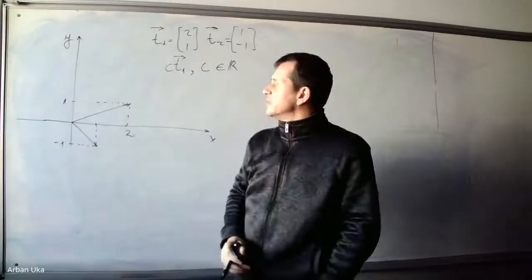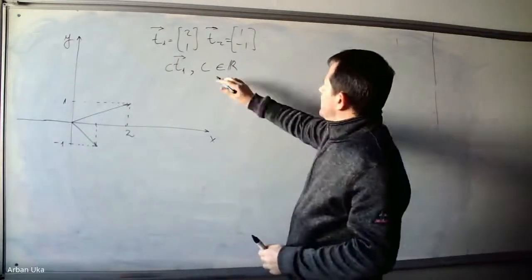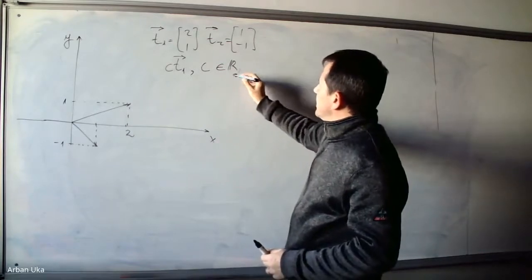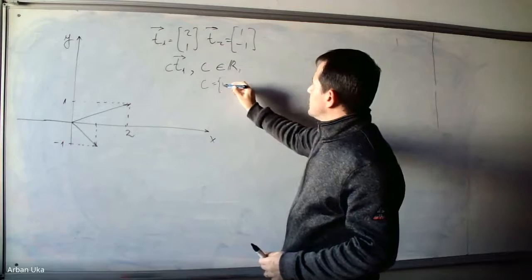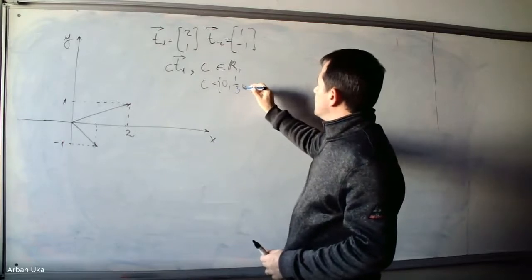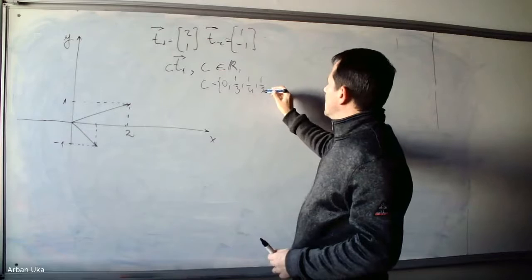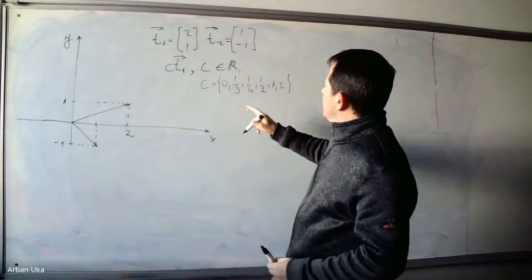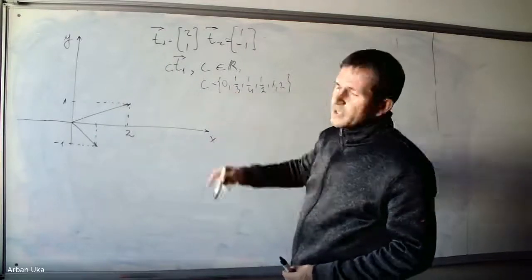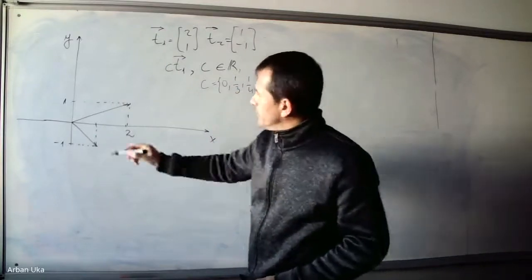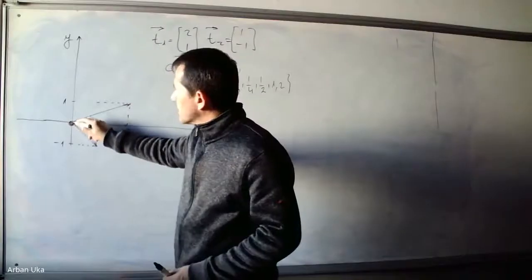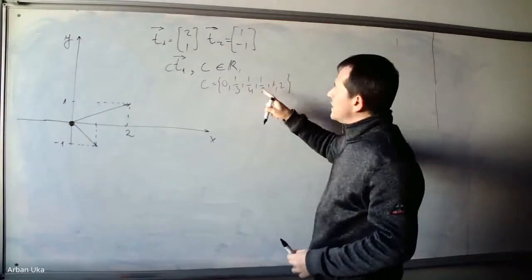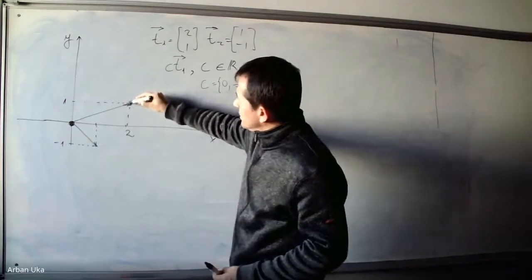It doesn't have to be an integer. Imagine a list of C being 0, 1/3, 1/4, half, 1, 2, and so on. When C is equal to 0, what point do we get? The origin. Exactly, thank you. This is the origin. When C is equal to 1, we get this point.